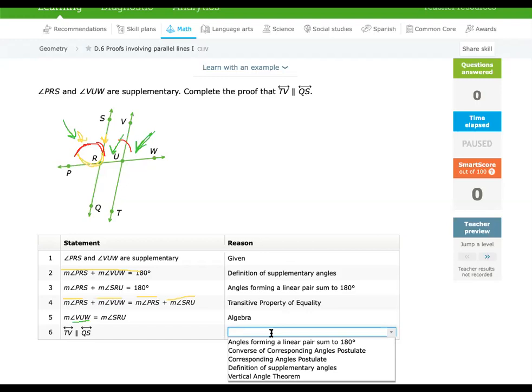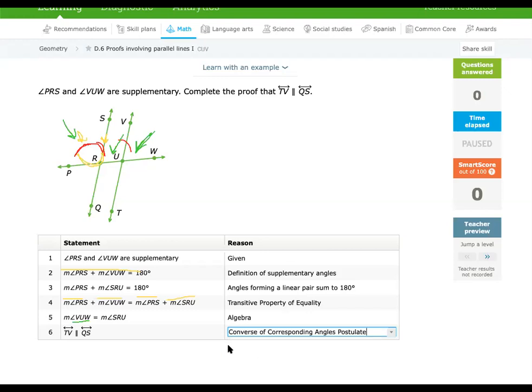Definition of supplementary angles, no, that's not what we're looking for. Not going to add up to 180 degrees. Corresponding angles postulate, close. This one is going to be the converse, so you go in the opposite direction there. Angles forming a linear pair, no, it's 180 degrees. We're just looking at two lines that are parallel. So this one's going to be converse of corresponding angles postulate.